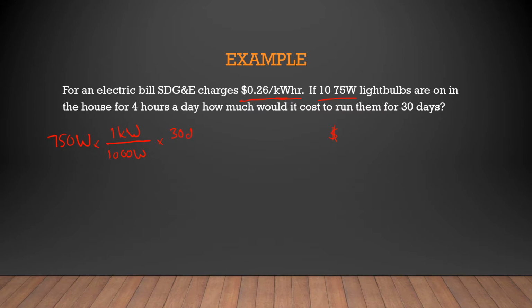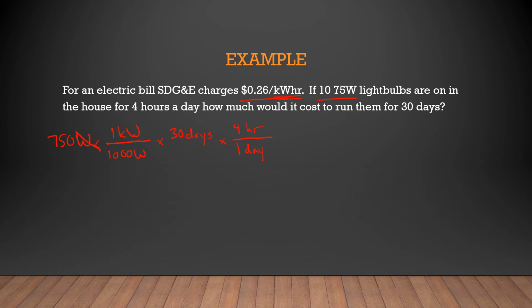That's the time frame we are being charged for. However, since we need to convert to hours, 1 day for these light bulbs is only 4 hours long. It's not a 24-hour day for this light bulb because it's only on for 4 hours. So we have taken 30 days and turned that into hours. That matches up with kilowatt hours.